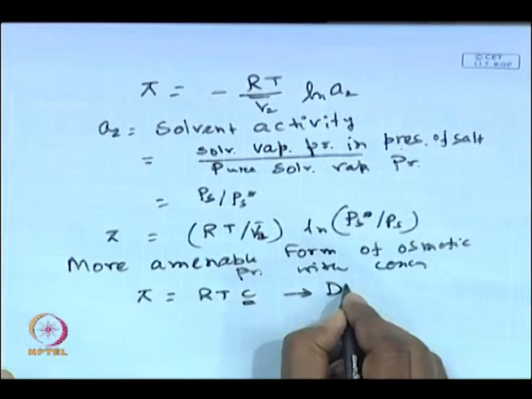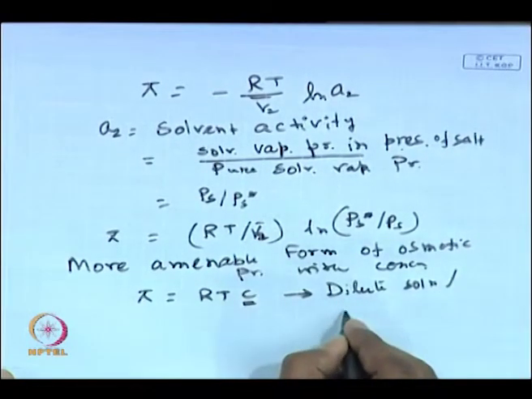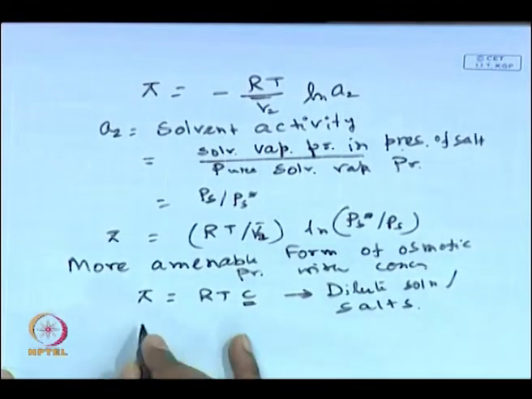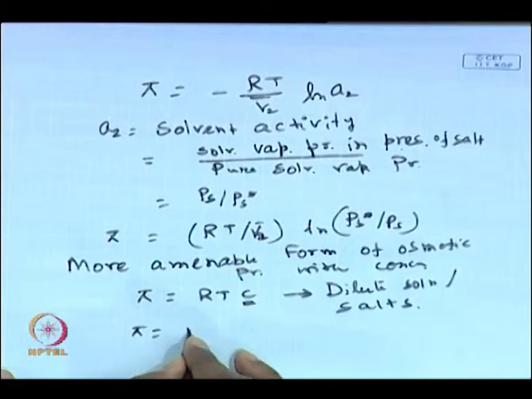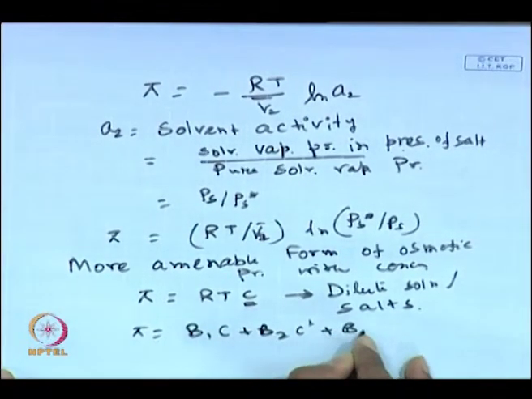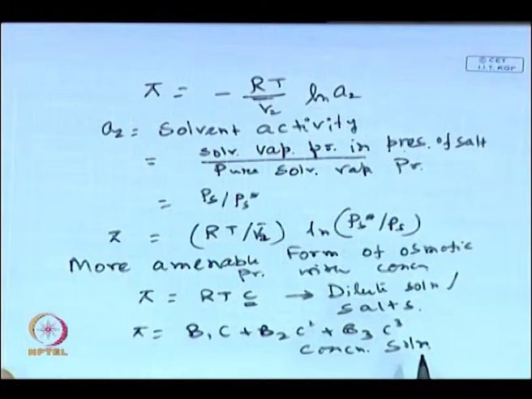This is for the dilute solution or for the salts, and pi becomes B1C plus B2C square plus B3C cube for concentrated solutions of proteins, and so on and so forth.